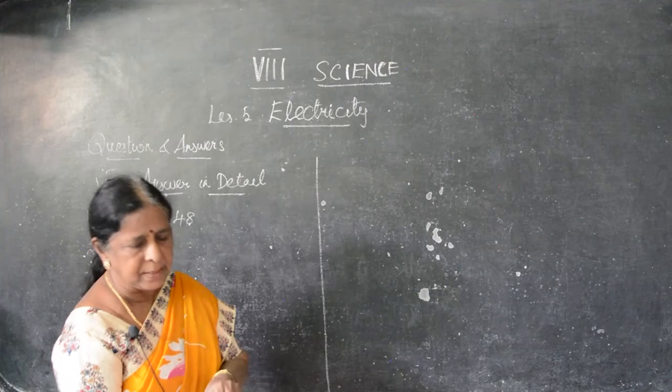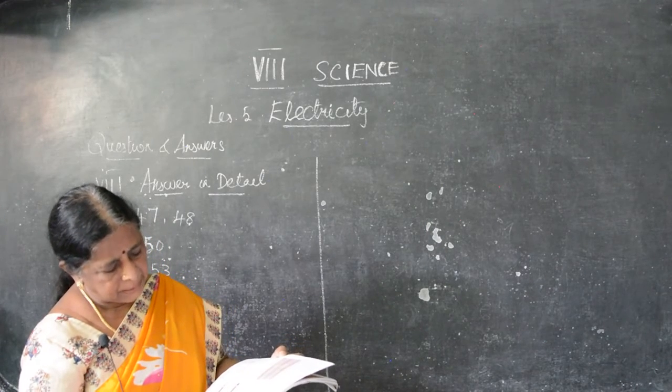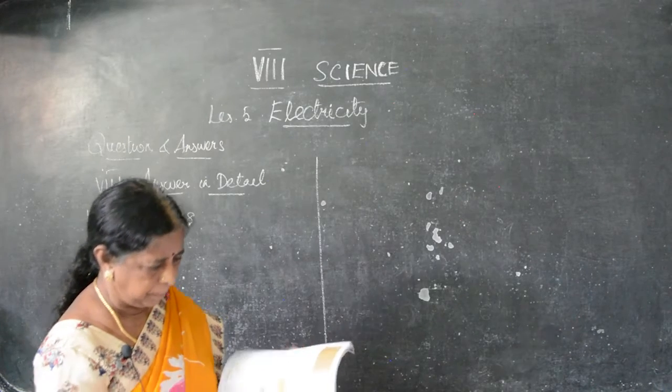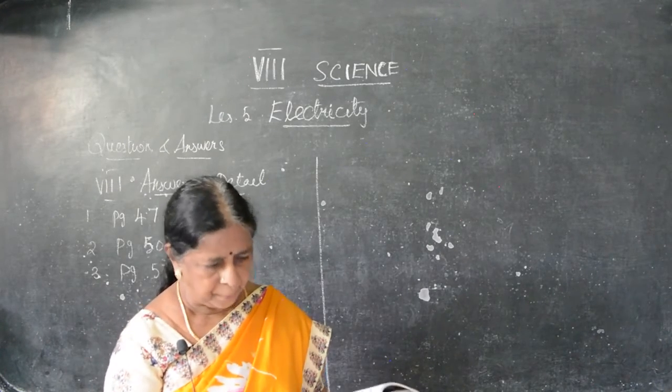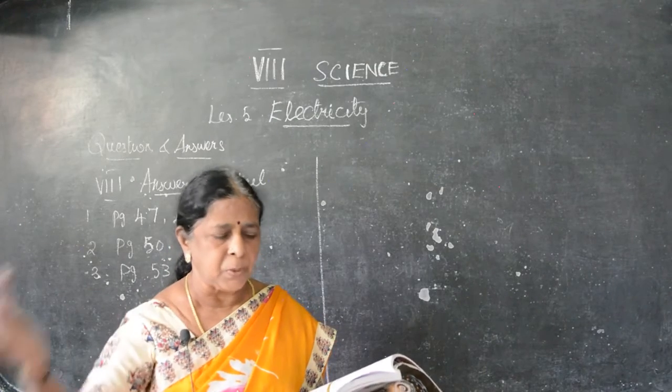Actually the question is, explain series and parallel circuit. Page number 53. Have you taken page number 53? Series circuit, page number 53, opposite side.